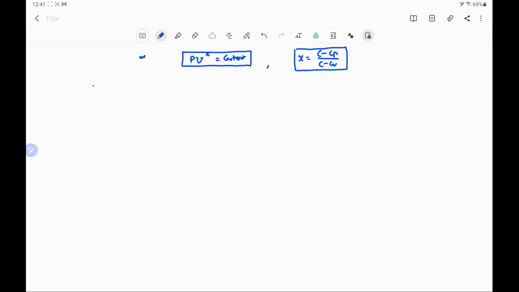This polytropic index x = (C - Cp)/(C - Cv) can be further elaborated. Because Cp = Cv + R, we substitute the value here: (C - Cv - R)/(C - Cv), and it can be written as 1 - R/(C - Cv).